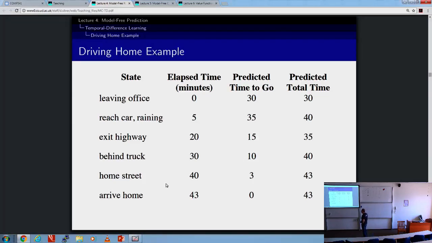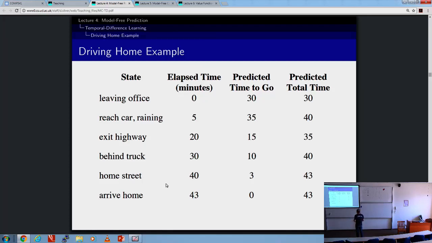Driving home goes through different states: you leave the office, you reach the car, you see that it's raining, you drive the car, exit the highway, you get stuck behind a truck, you're on the home street, and you arrive home. Those are the different states of this game. Our reward function is basically the number of minutes to get to the house.